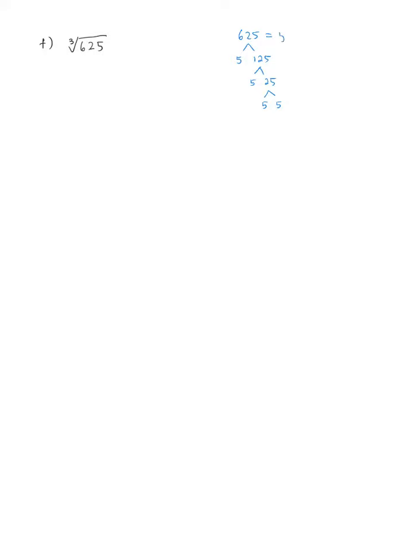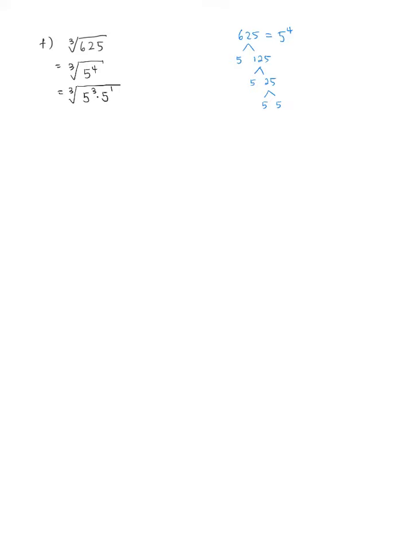So here you're going to have 5 to the 4th power. Now I'm going to come back here and break down 625 into 5 to the 4th. Now again, I'm looking for a perfect cube. So break 5 to the 4th into cube root of 5 to the 3rd times 5 to the 1st.